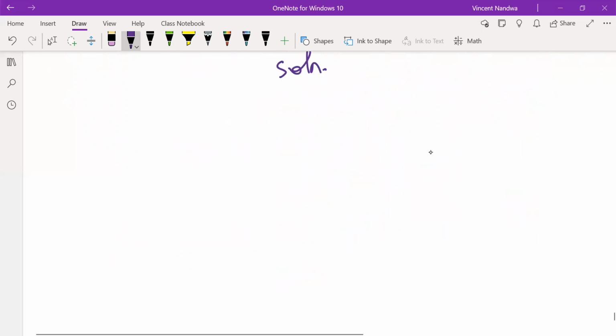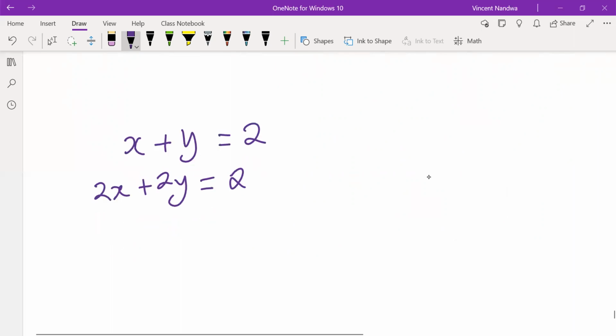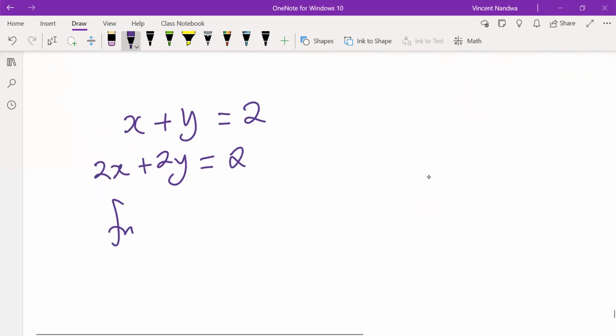Lastly, we have x plus y equals 2, and 2x plus 2y equals 2. Now from equation 1, x equals 2 minus y.